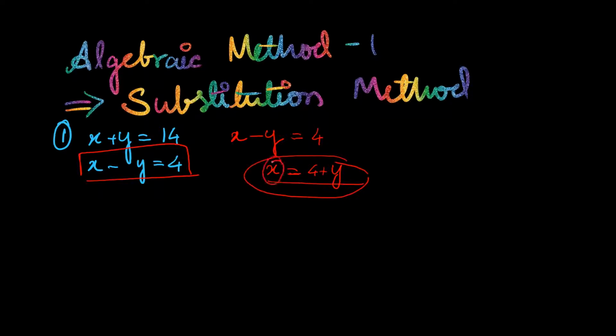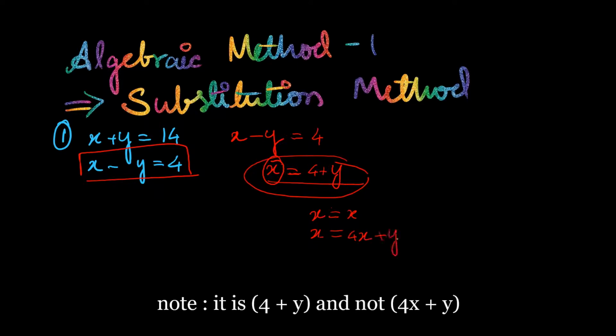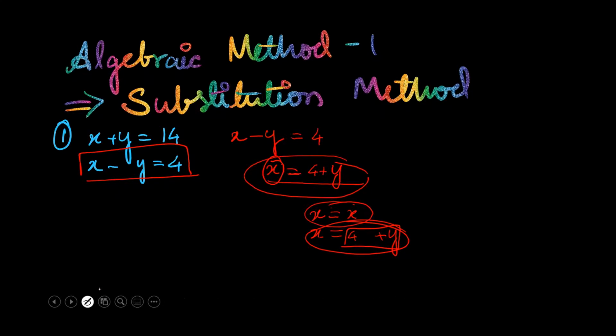Here my x is the same as 4 plus y, so they both are basically the same. Now I'm going to replace x with 4 plus y in the first equation.